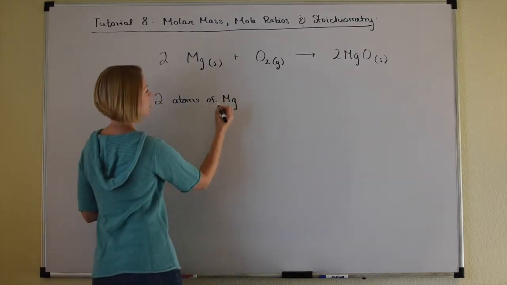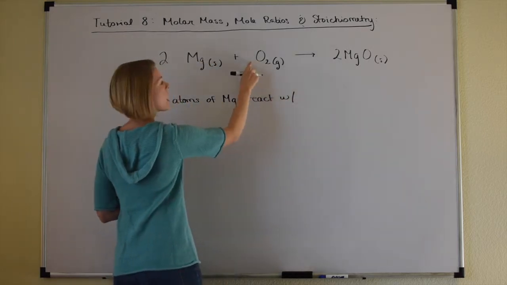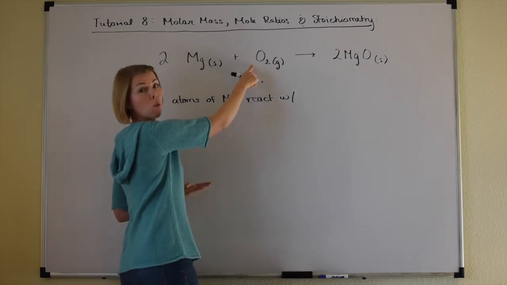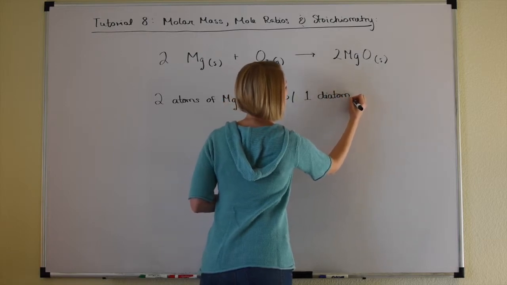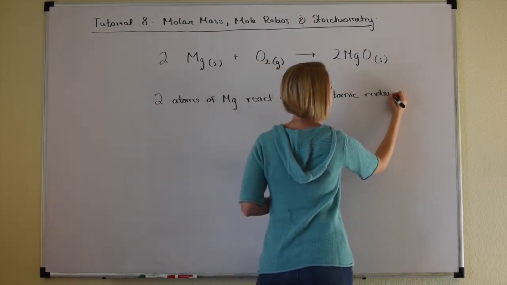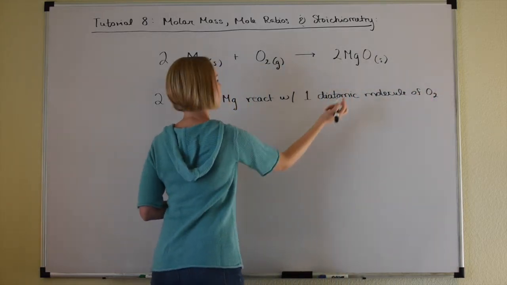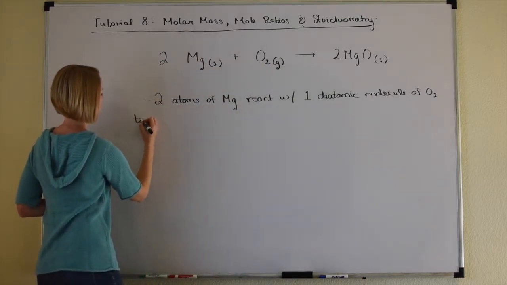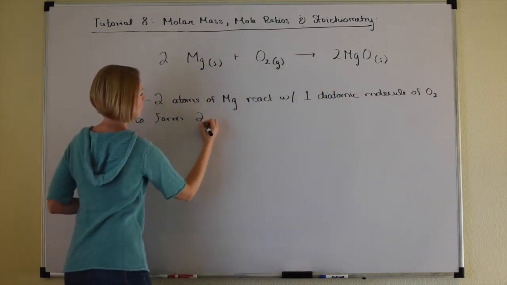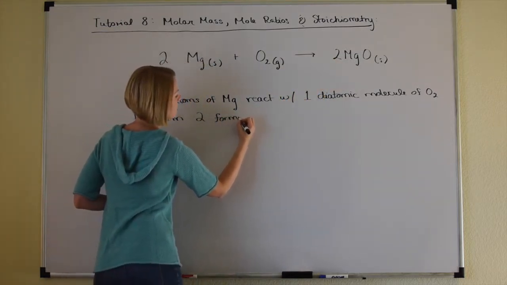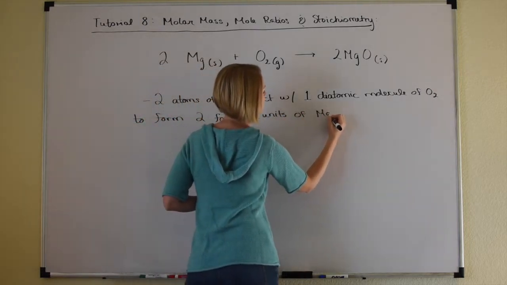So 2 atoms of magnesium react with 1, remember the lack of a coefficient means 1, so with 1 diatomic molecule of oxygen to form 2 formula units of magnesium oxide.